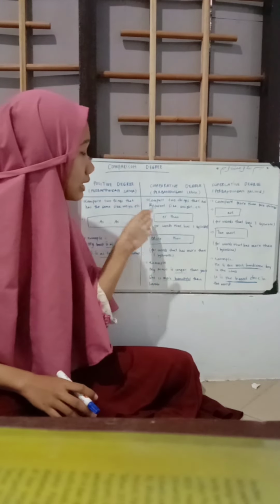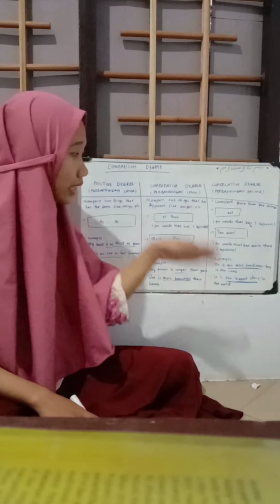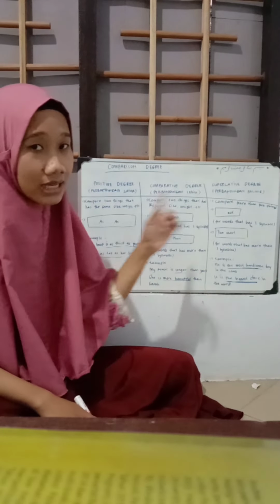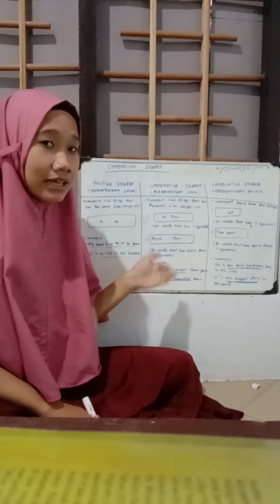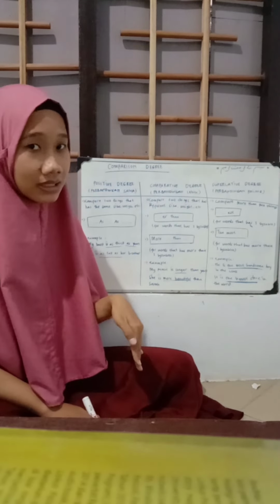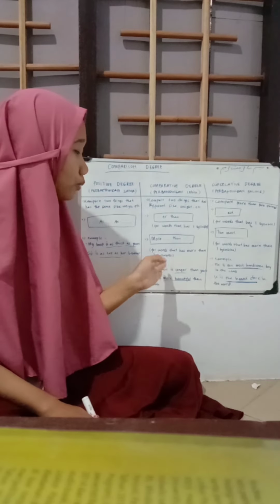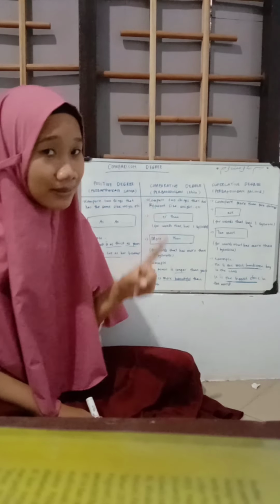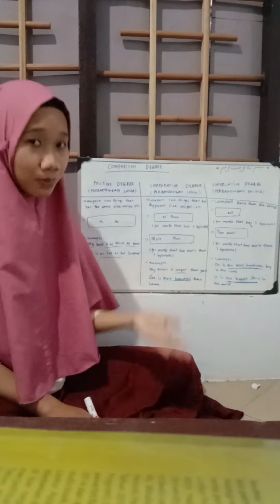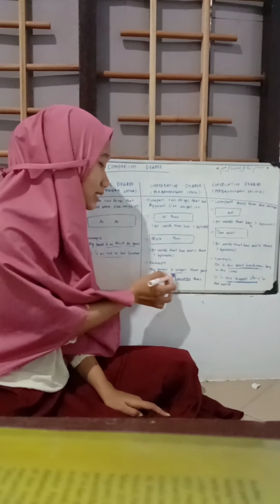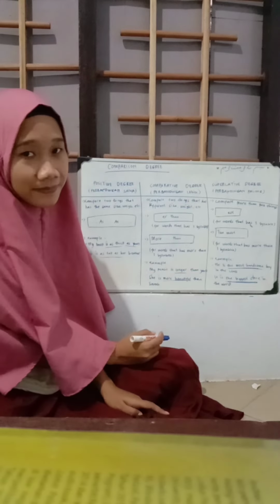You add -er at the end of the word if the word has one syllable, and you add "more" in front of the word, or before the word, when the word has more than one syllable, two syllables or more. For example, my pencil is longer than yours.